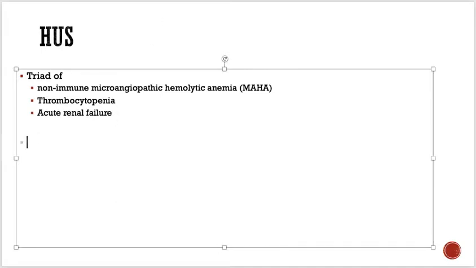Now, the incidence of this condition is not so much, but the importance of this condition is that it is the most common cause of acute renal failure in children. That makes it important.